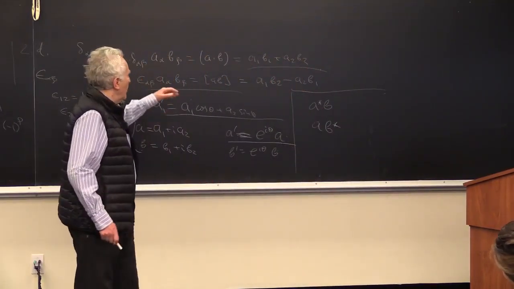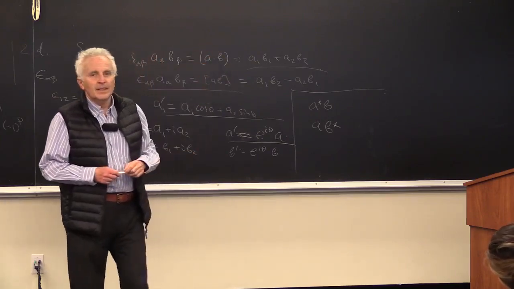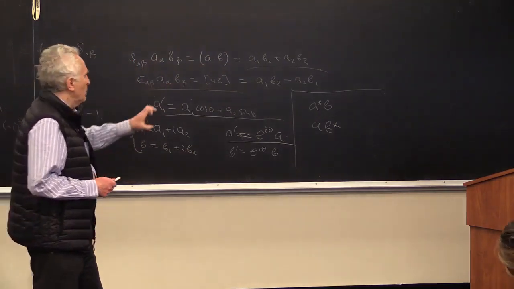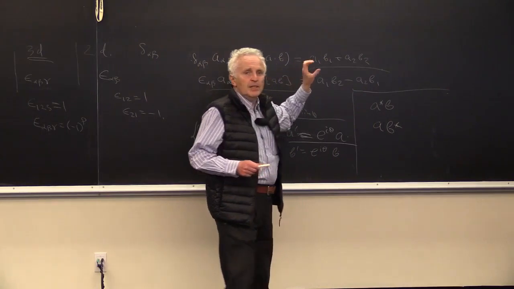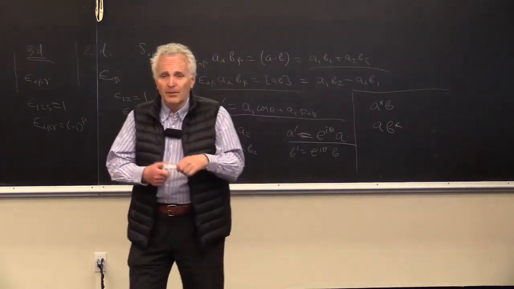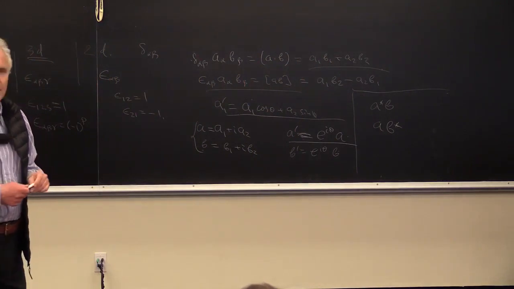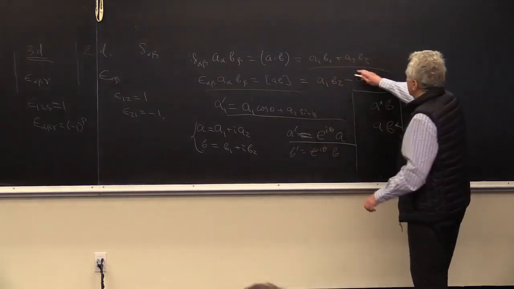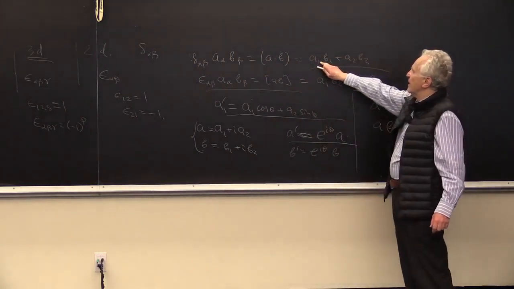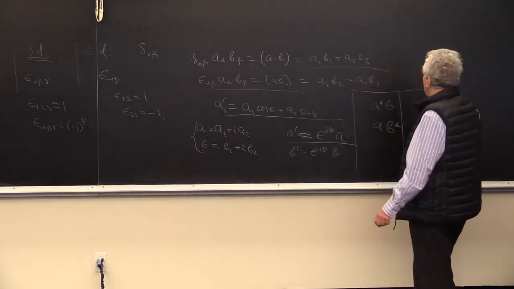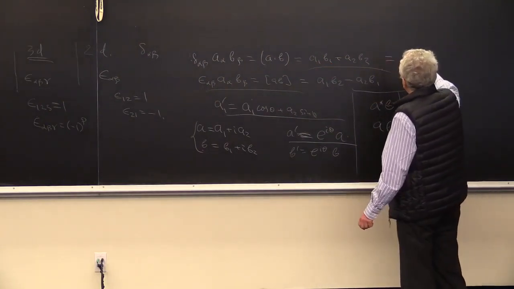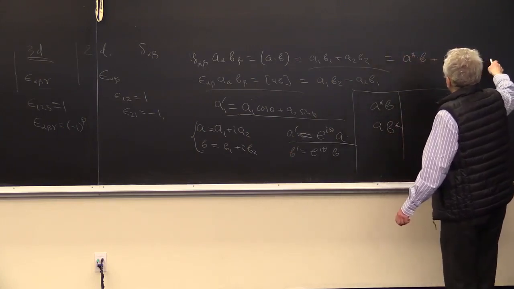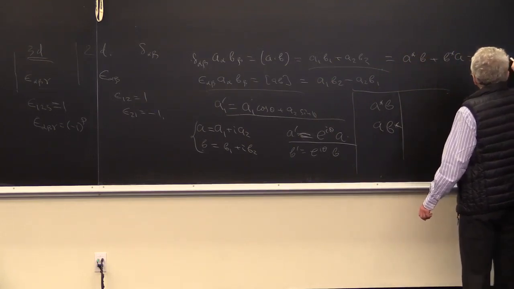Okay, but now how are these related to these two combinations? We have two invariant combinations here and two invariant combinations here. They are not literally the same, but how are they related? Well, you see, here we have this thing symmetric under A and B, so you expect, and you get, the real part of AB.